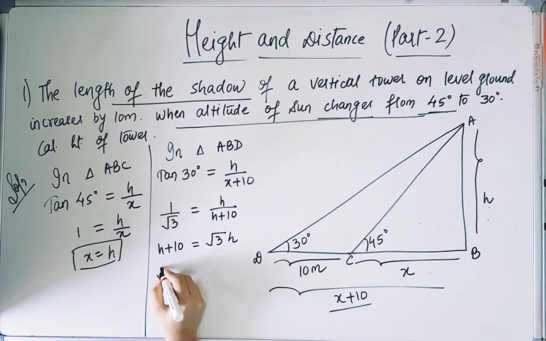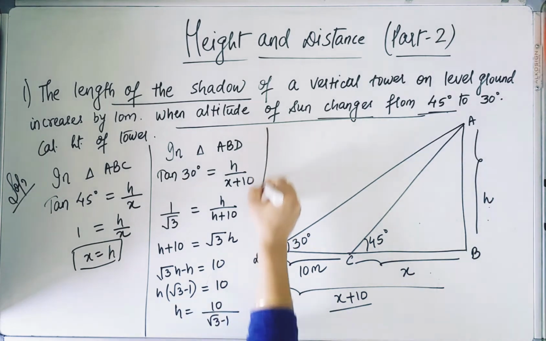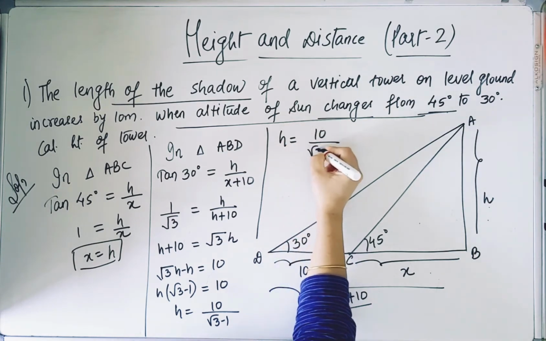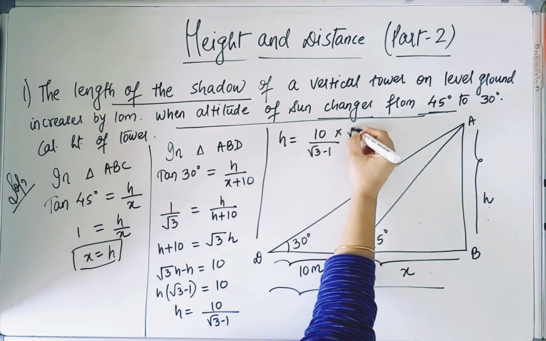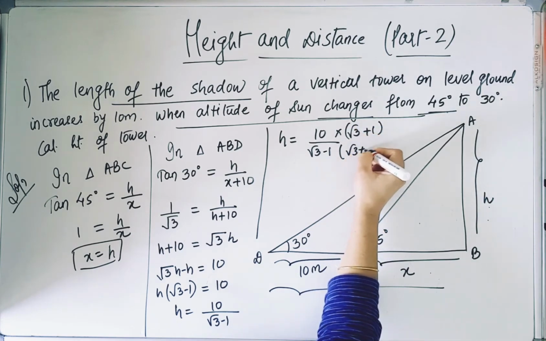So we'll get root 3h minus h equals 10. H will be common. So h into root 3 minus 1 is equals to 10. So h will be 10 by root 3 minus 1. Now we'll rationalize it. So rationalize करेंगे तो root 3 plus 1 upon root 3 plus 1.